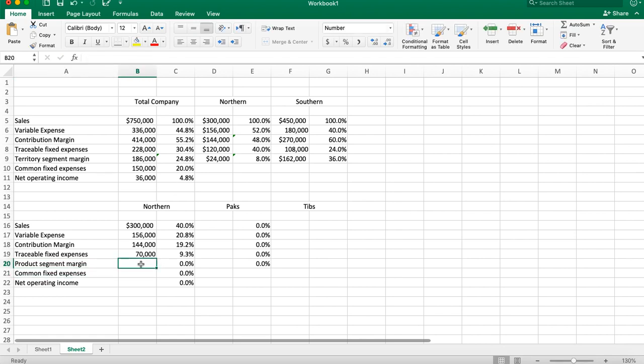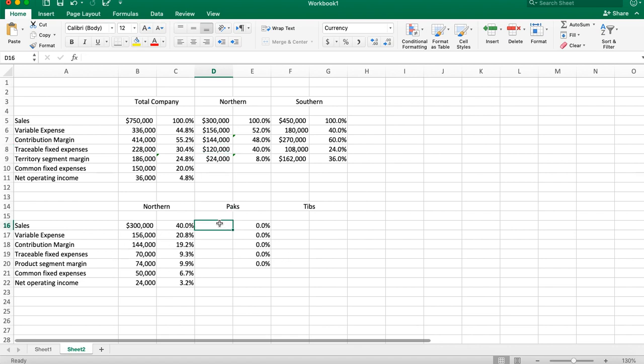Our contribution margin minus our traceable fixed expenses, 74,000 is our product line segment margin. We have common fixed expenses of 50,000, and you'll notice that 70 and that 50 equal that 120 that we were using up here. So our net operating income for Northern is still 24,000, just like we had here, but what we've done now is taken that 120 traceable to Northern and broken it out between two products.